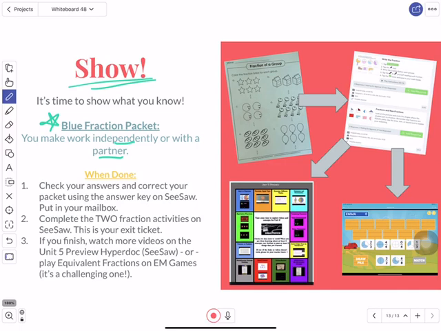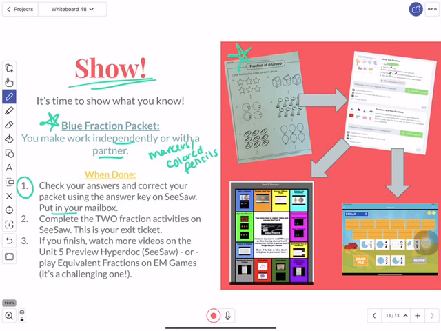The packet will require you to grab markers or colored pencils. When you're done with it, there will be an answer key on Seesaw. Check over your answers. Put it in your mailbox.